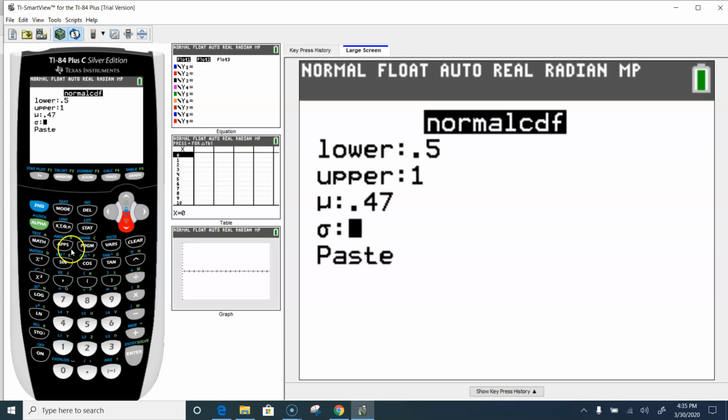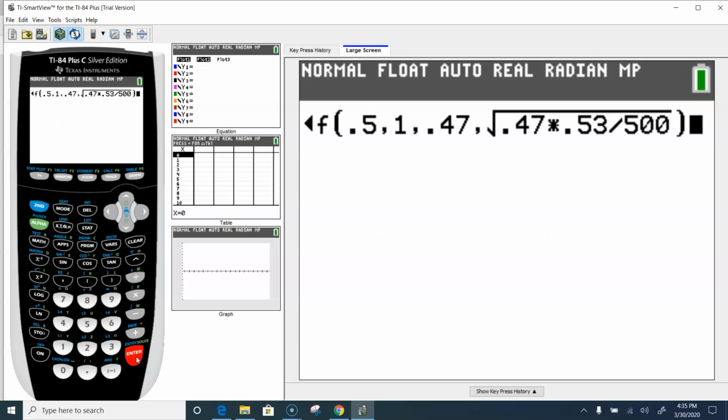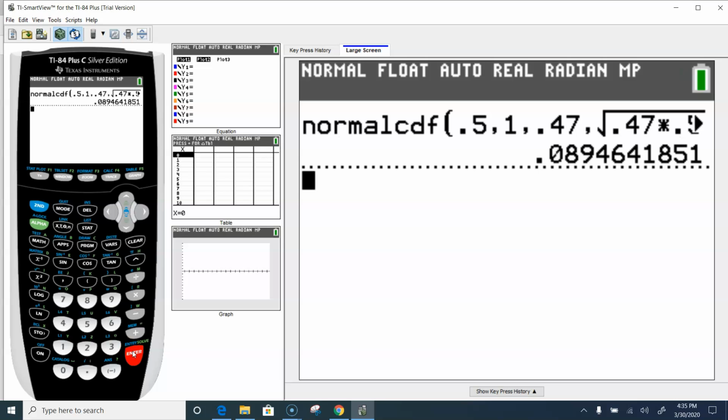And then our standard deviation, this is where we needed our formula from our formula sheet, 0.47 times 0.53, and we would divide by 500. Just enter that. So I get 0.089.